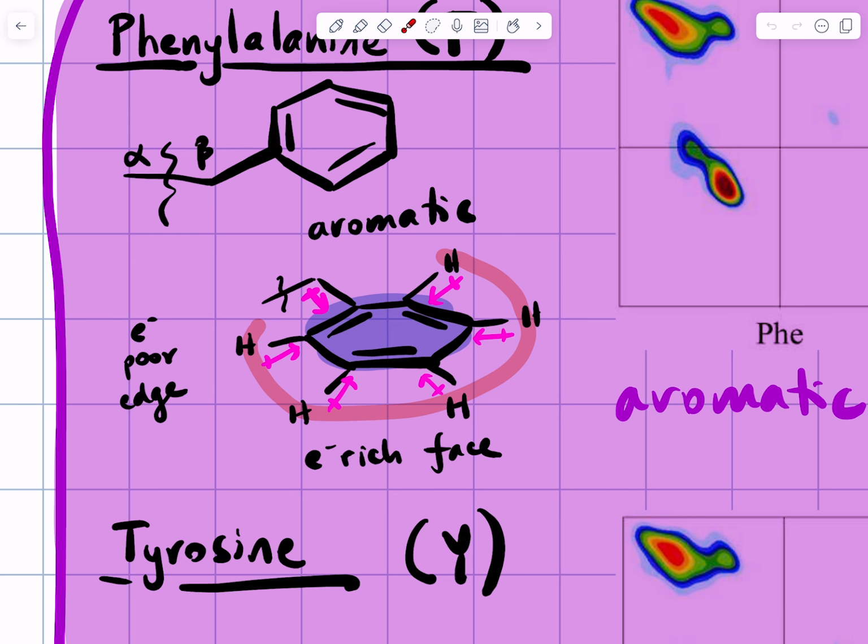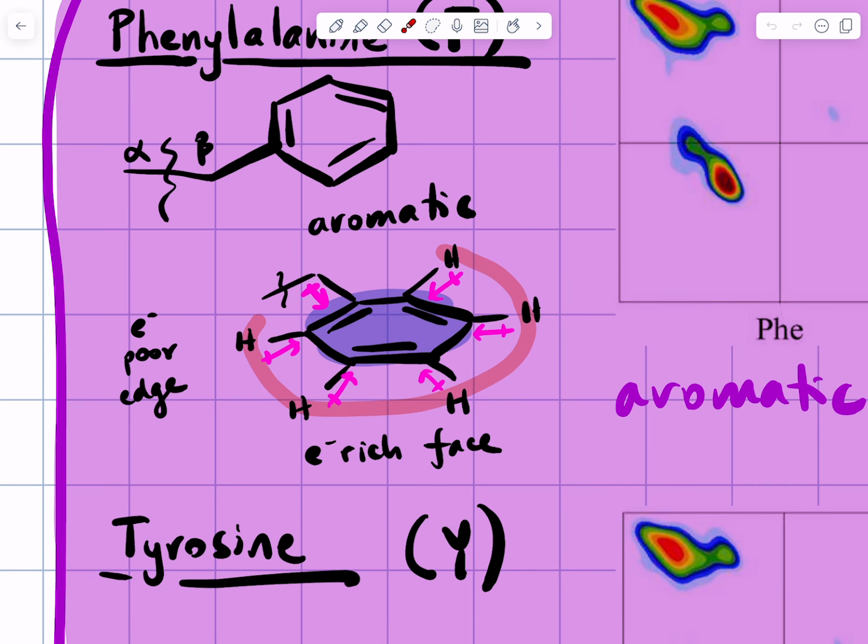I'm showing you in pink individual bond dipoles associated with each of these CH bonds, where the plus end is over here and the minus end is over here. Those bond dipoles all cancel each other out, so there's no net dipole to a benzene ring, but the face is electron rich and the edge is electron poor.